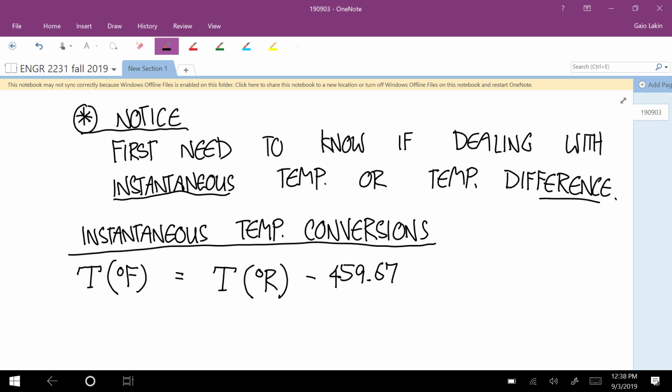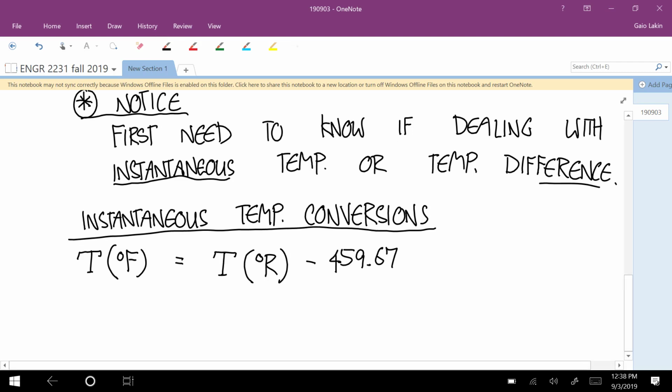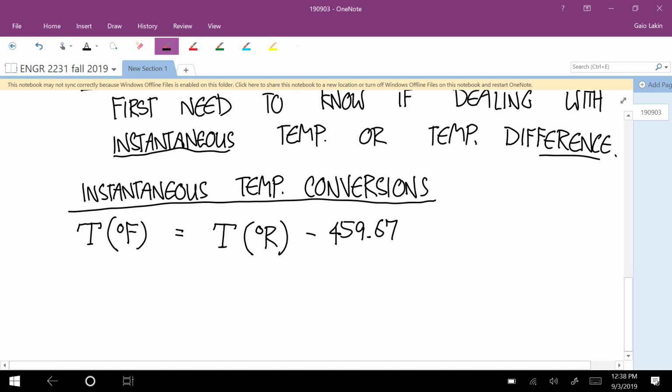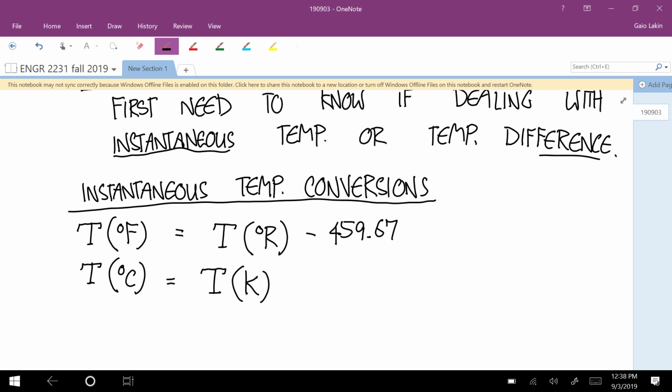On all these, I often just round to the nearest degree because it's a pretty small round off error that you get from that. Temperature in degrees Celsius is equal to the temperature in the Kelvin scale. I don't know why you never write the degree sign for Kelvin, but that's just how it is. Minus 273.15.